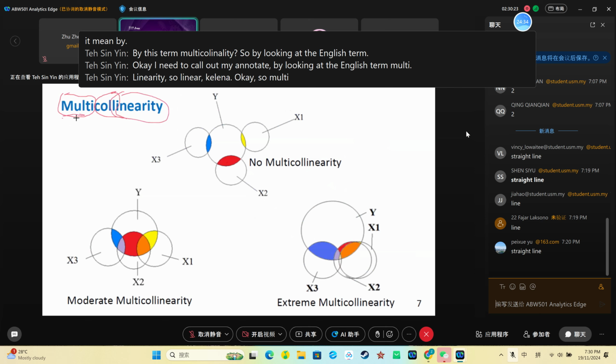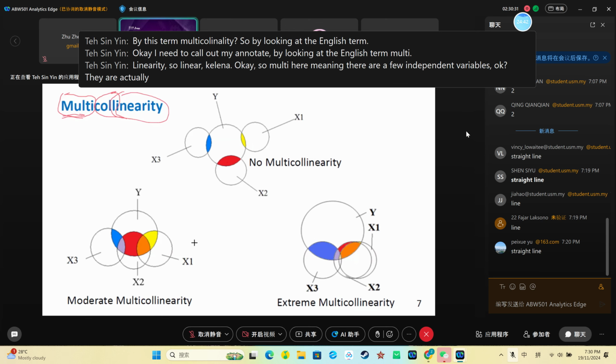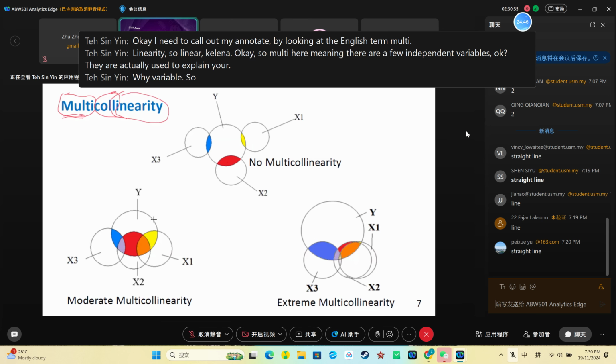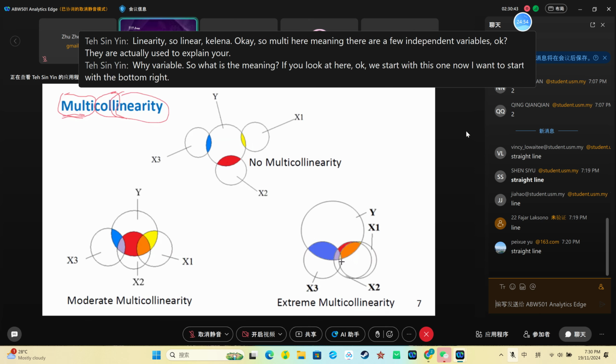Multi here means there are a few independent variables that are actually used to explain your y variable. So what is the meaning? If you look at here, we start with the bottom right. Look at the bottom right. This is your y variable. Imagine the big circle is your dependent variable y.